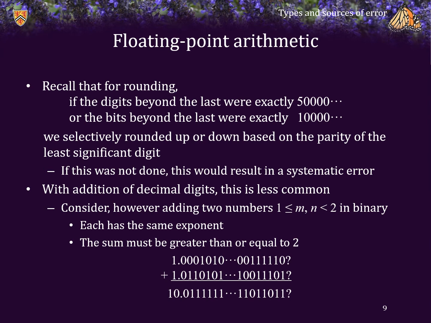That last bit, if both the question marks are 0 or both the question marks are 1, that last bit there will be a 0. However, if one question mark is 0 and the other is 1, the last bit in the sum is going to be 1. So 50% of the time that we are adding two numbers between 1 and 2, we will have to perform a rounding based on the above rule. So it is actually quite common that we will apply this parity rule of either rounding up or down.